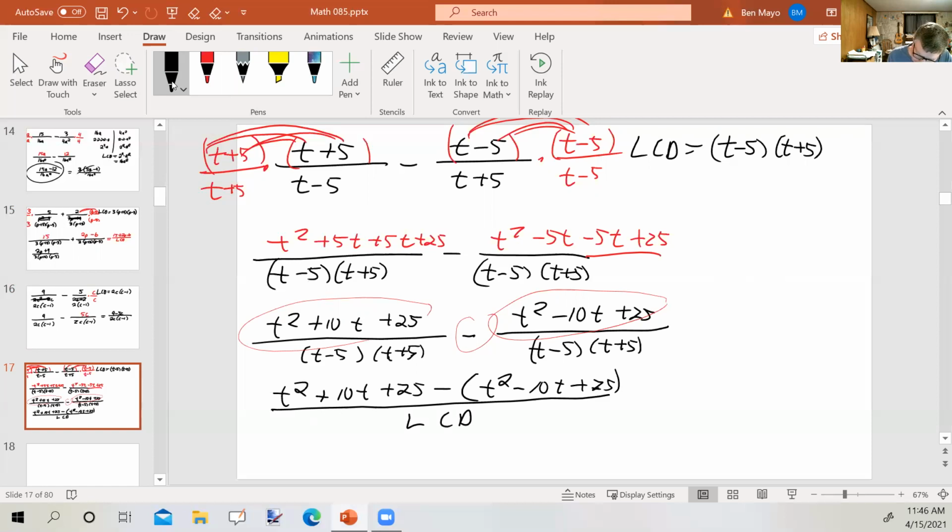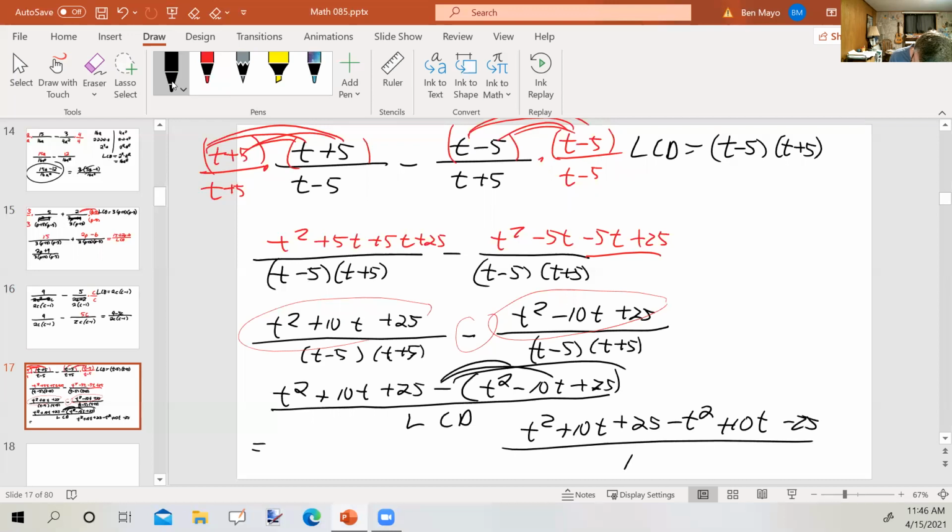Okay, so now I'm going to distribute the subtraction, and I'm going to get t squared plus 10t plus 25 minus t squared plus 10t minus 25 all over the LCD.